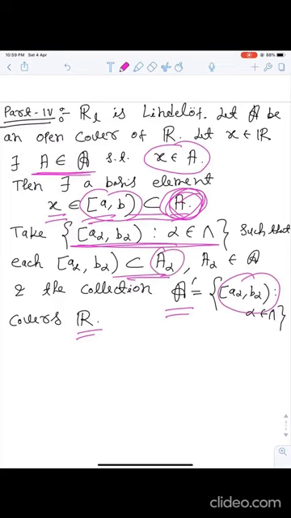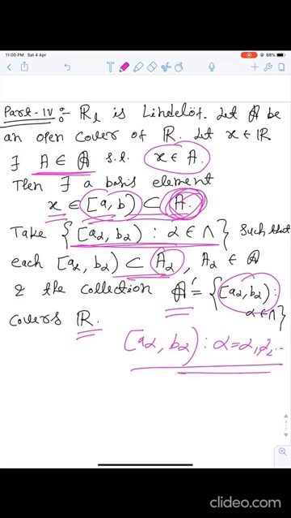Suppose we have a countable collection [A alpha 1, B alpha 1), [A alpha 2, B alpha 2), and so on, which covers R. Then for each we get A alpha, and the collection A alpha 1, A alpha 2, and so on, covers R, right?